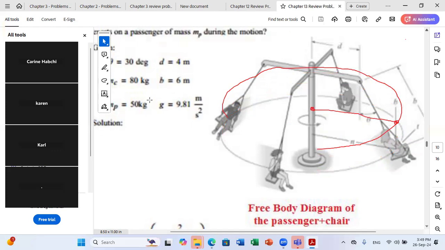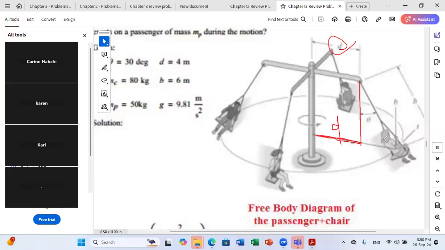Look at your figure. You have this distance. If you divide your radius into two parts, you need to add this distance d, which is provided as 4 meters, plus this part. How to calculate this part?